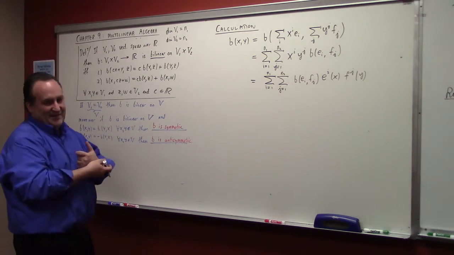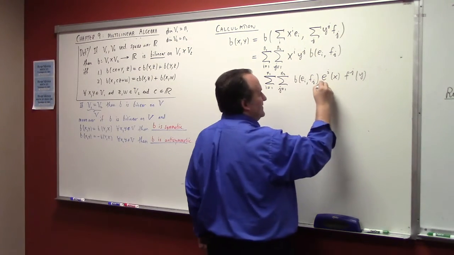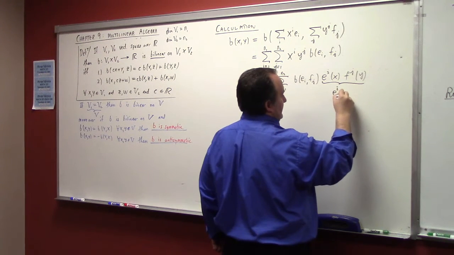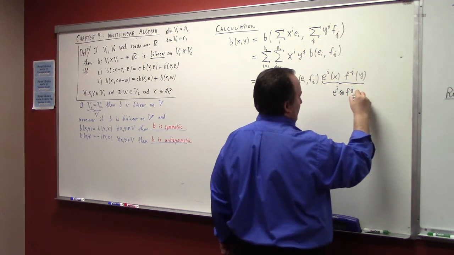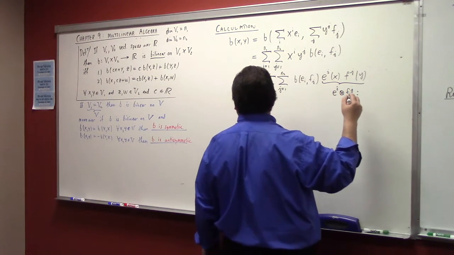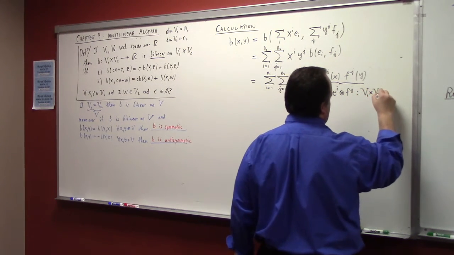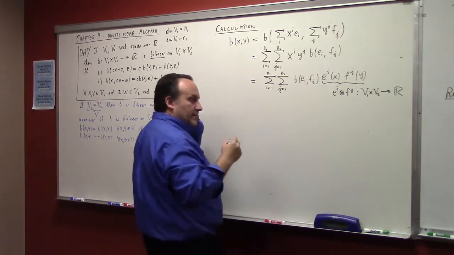So this leads us to make a definition. Because if we just define this to be e i tensor f j, which we're going to define in a second here more carefully, that's going to be a mapping on V1 cross V2 to the reals.